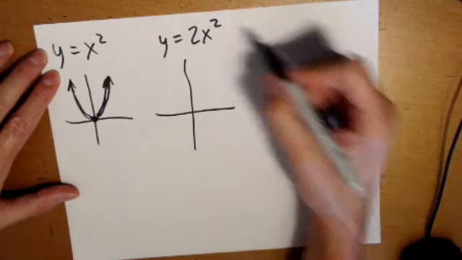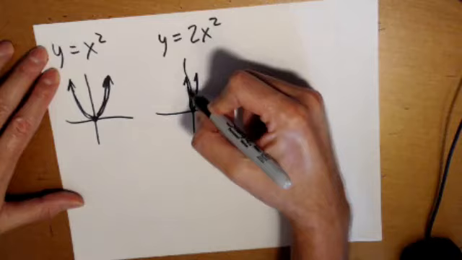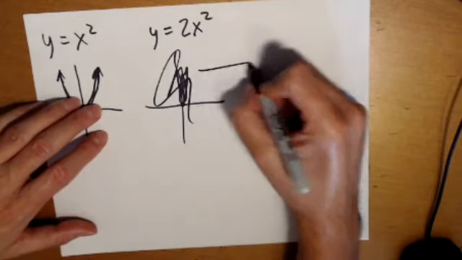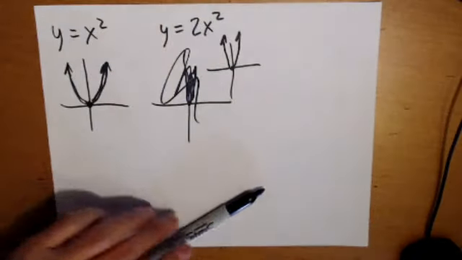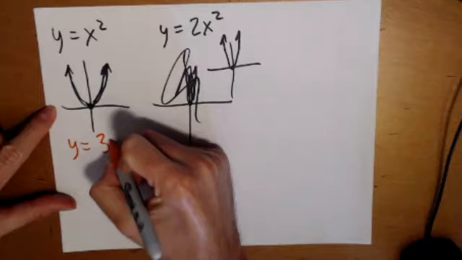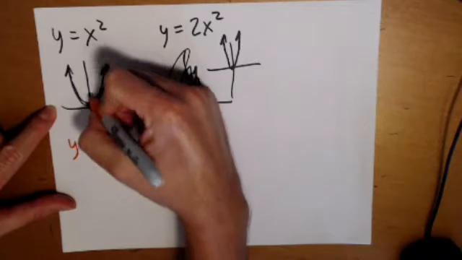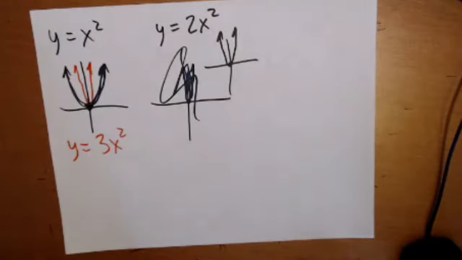The 2 in front means everything's happening twice as fast, so it's going to make it really skinny. To emphasize the point, if I were to graph y equals 3x squared on this picture, same vertex, but it's a really skinny parabola.